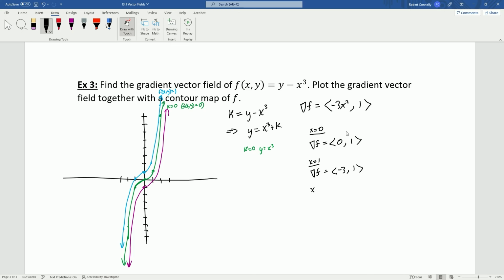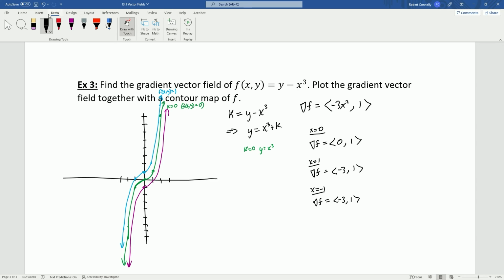And so notice that this gradient is only dependent on x. That's not always going to be the case, for sure. It could be dependent on both x and y. But in this case, it's only dependent on x, and we'll see what that means in terms of the picture momentarily. Okay, so if x equals negative 1, that gives us negative 3 times 1, so still negative 3, 1.